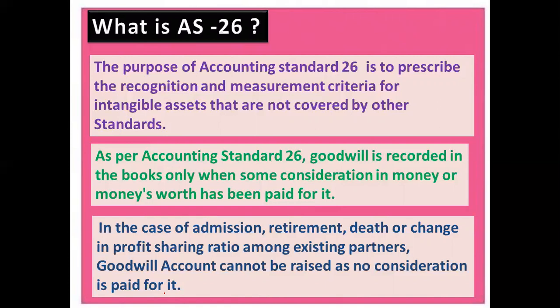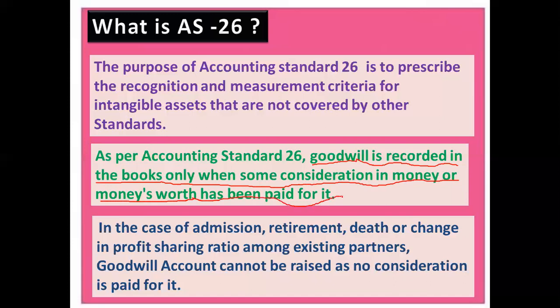But according to AS 26, what should the goodwill treatment be? As per Accounting Standard 26, goodwill is recorded in the books only when some consideration in money or money's worth has been paid for it.